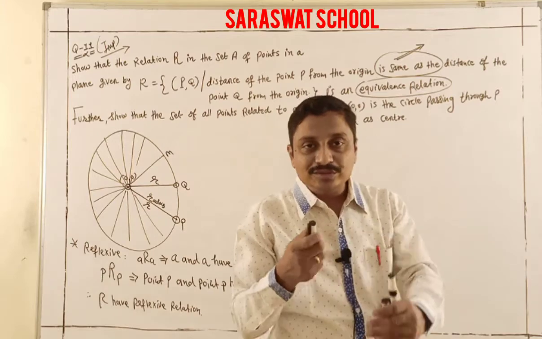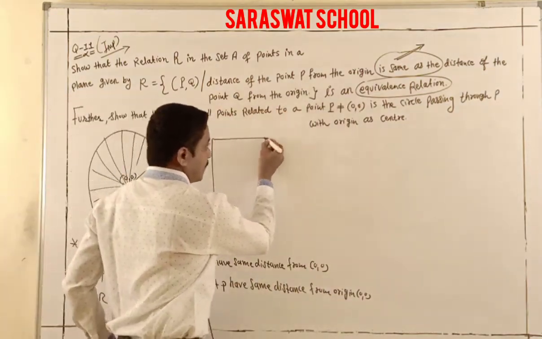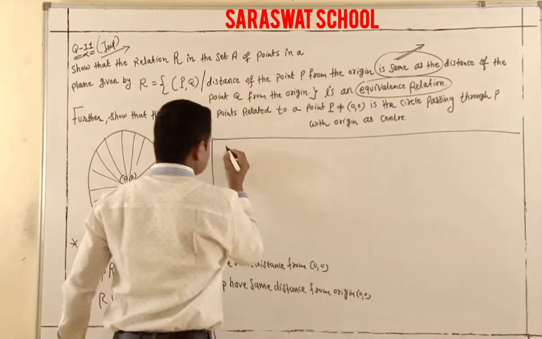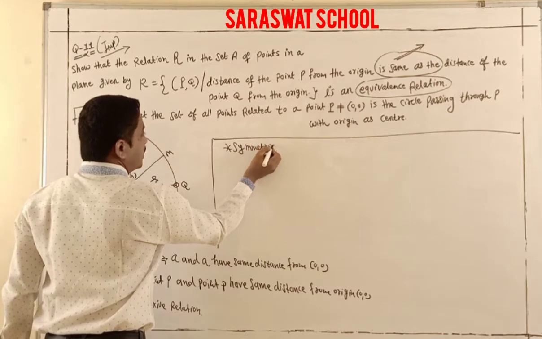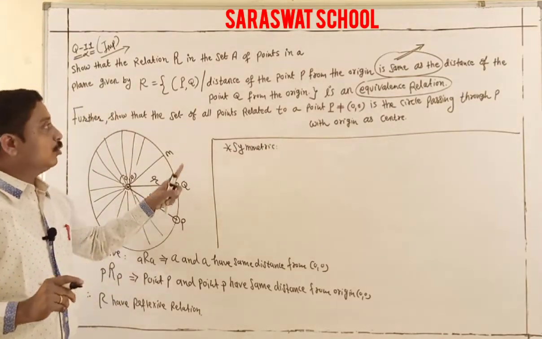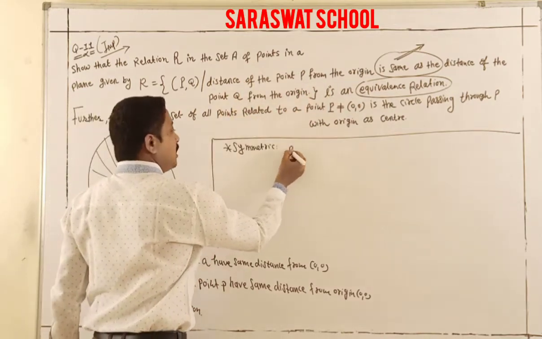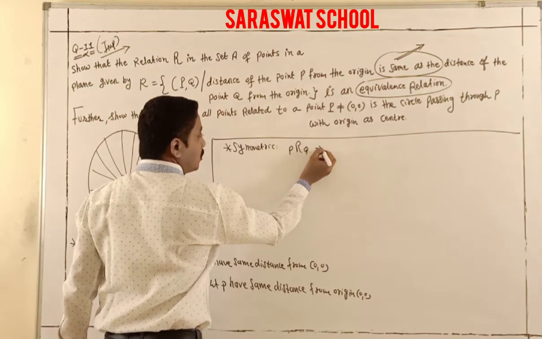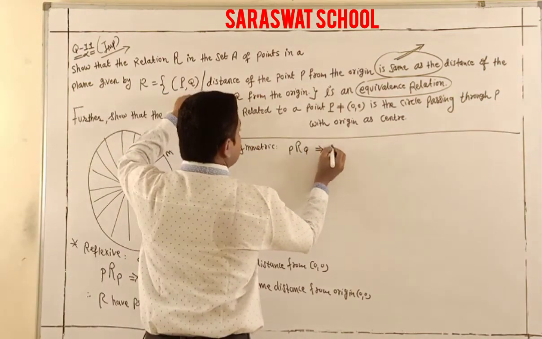Now I go to symmetry. Second case, symmetric relation. Symmetric means O to P and O to Q, both distances given here are the same. So first of all I show here P relation Q. After that, Q relation P. Here, what is P relation Q?